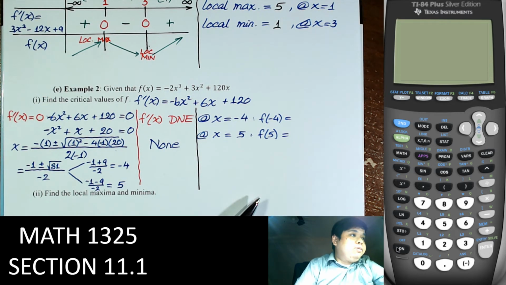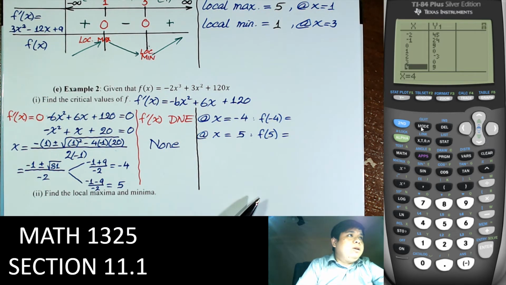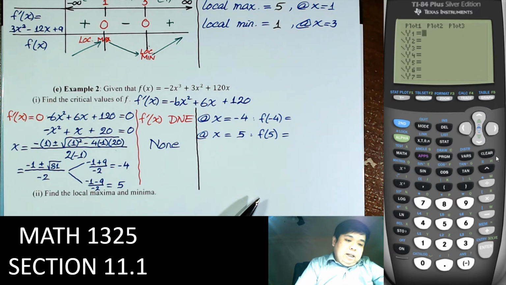Right, so yeah, of course, if we want to evaluate, we can always use this. Just make sure what it is that we're using: negative 2x cubed plus 3x squared plus 120x.